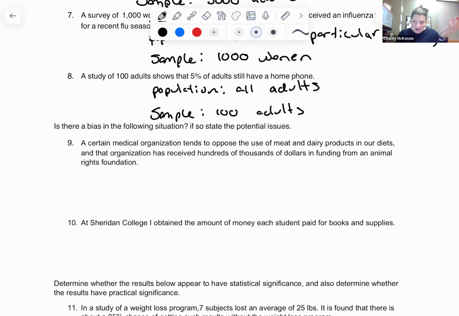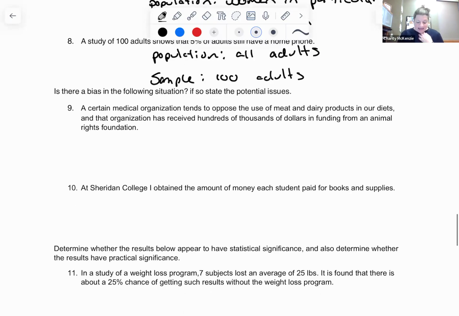Is there a bias in the following situation? Bias is something that makes you lean a certain way. So let's look at 9. A certain medical organization tends to oppose the use of meat and dairy products in our diets, and that organization has received hundreds of thousands of dollars in funding from an animal rights foundation.